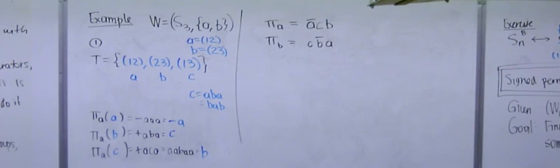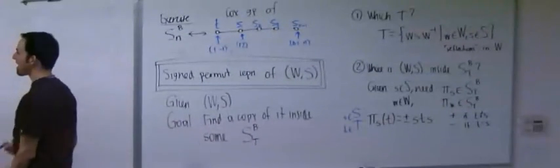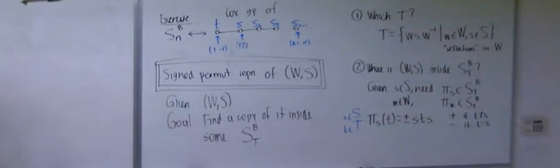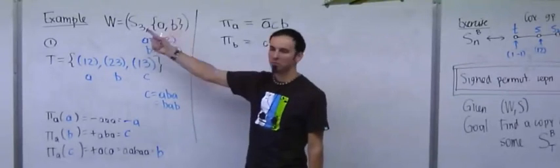Now, there's a question mark here, which is, first of all, why does this all land in T? Second of all, why is it a permutation? Okay. And we'll prove these things. But at least in that example, you see that they're true. So this tells me what pi sub S should be. But now I also have to map the whole group W inside the sign permutations of T. So it's not enough to map A and B. I have to really find an image for each one of these elements of here.